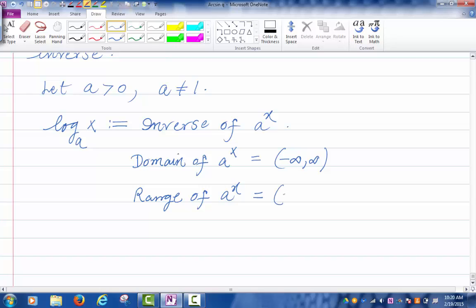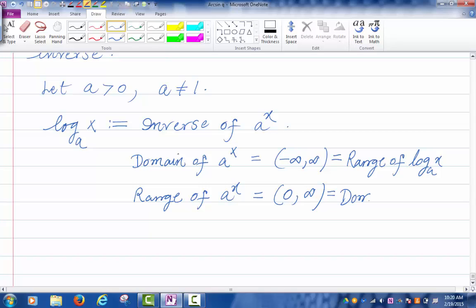Alright, so what is the meaning of inverse? Once again, it means that log base a of x is equal to y if and only if a to the y is equal to x. Right? What is it telling me?